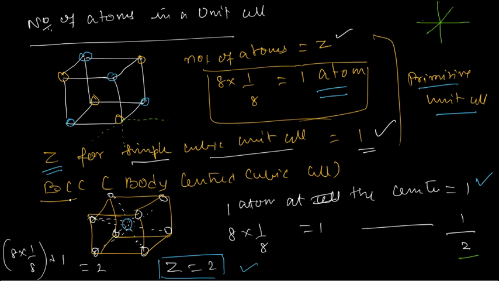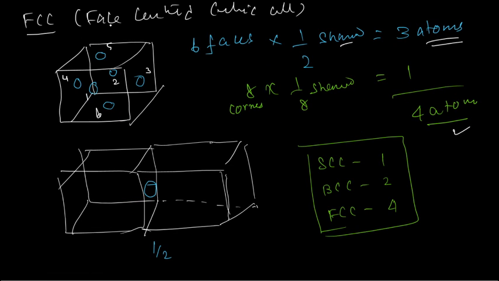Suppose it is a BCC, body centered cubic crystal, which means at the center you have 1 plus 8 into 1 by 8, so totally 2. And in the case of FCC, face centered, you have 6 faces, and each face is shared by 2 adjacent cells. So in that case 1 by 2 into 6 faces, that is 3 atoms.